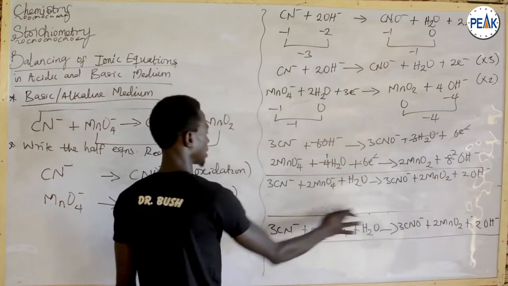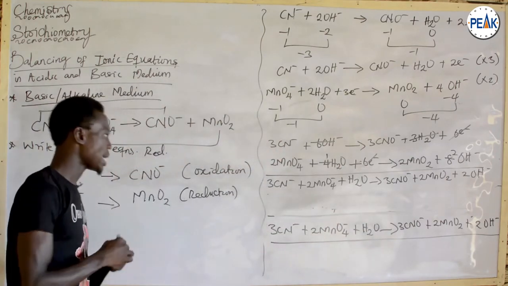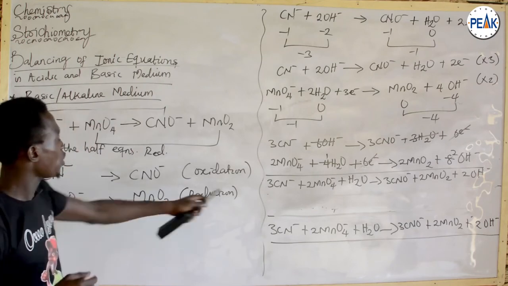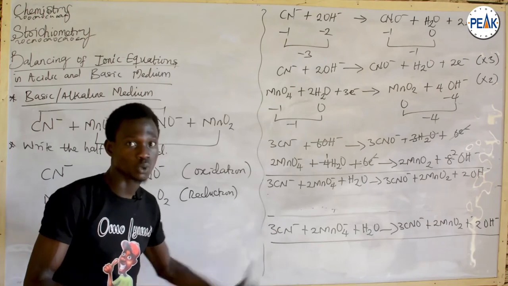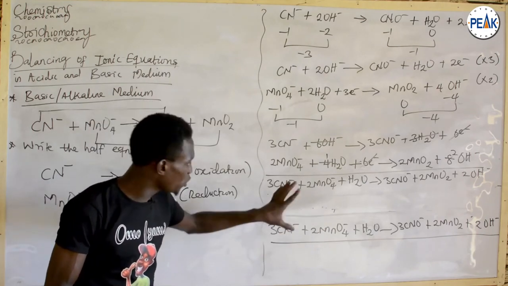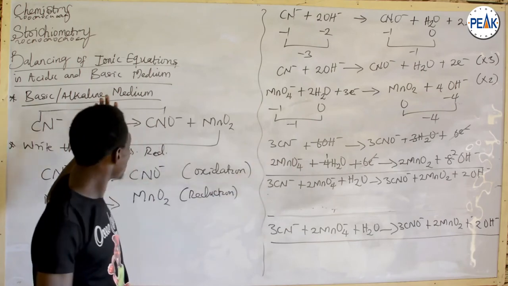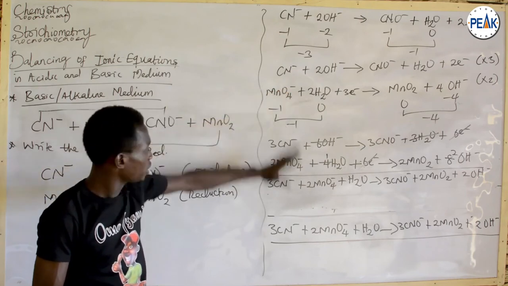I believe you can see that following the steps to balance this equation in basic medium, we also arrived at this. You can see that they are similar. I told you how to change your answer from acidic medium to basic medium. This was what we arrived at, and following the steps to balance it in basic medium normally, this is also what we get.